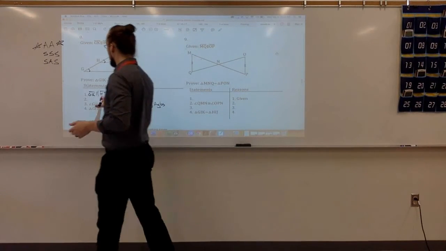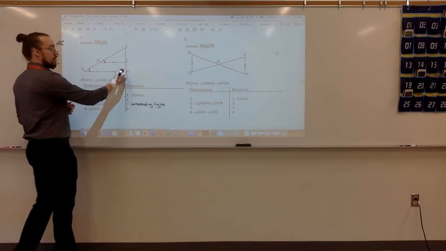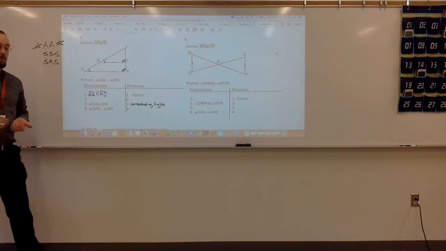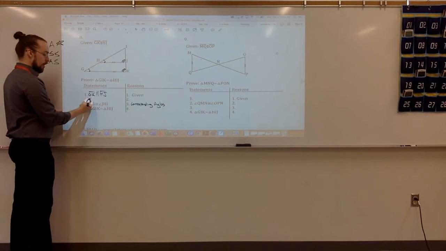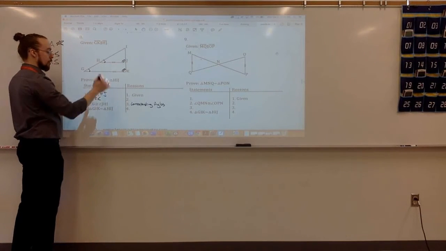Well, now I need to come up with another pair of angles that are congruent. Well, I could just say the other pair of corresponding angles over here would have to be congruent. So there's only one angle K, so I could say angle K is congruent to angle, and I would have to name this using 3 letters.